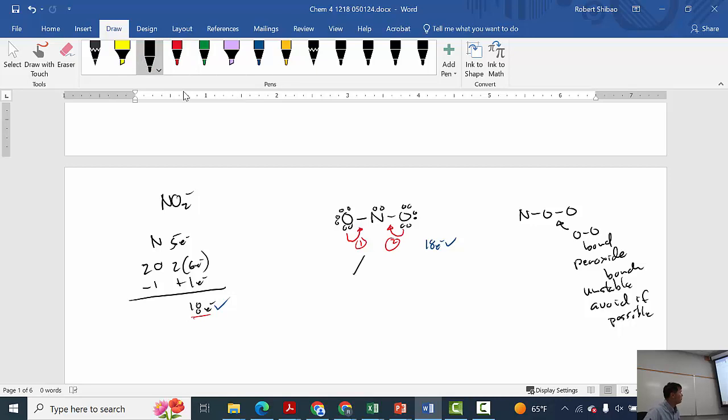Okay, so let's choose path 1. We're going to do it from the left oxygen. If I convert a lone pair into a bonding pair, I'm going to be left with 2 lone pairs rather than 3 lone pairs. And I'm going to form a double bond rather than a single bond.